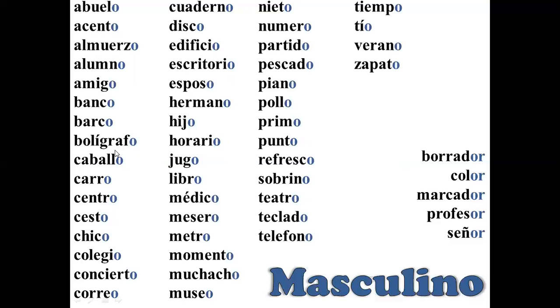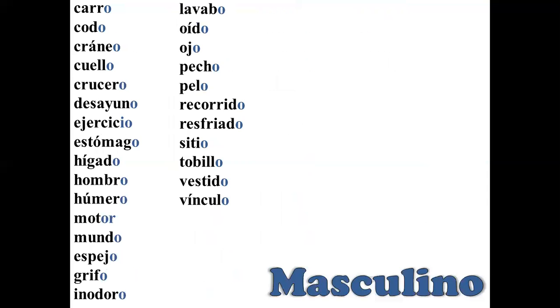There's nothing particularly masculine about those things. It just happens that they end with O. Grammatical gender isn't always aligned to our concept of gender. And these are some Spanish 2 nouns that follow those same patterns.